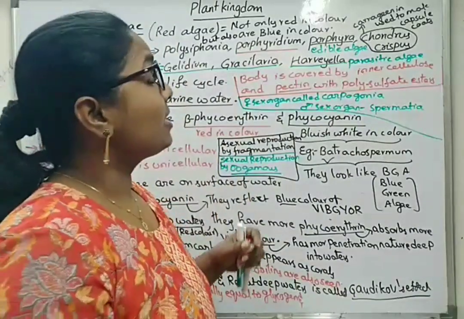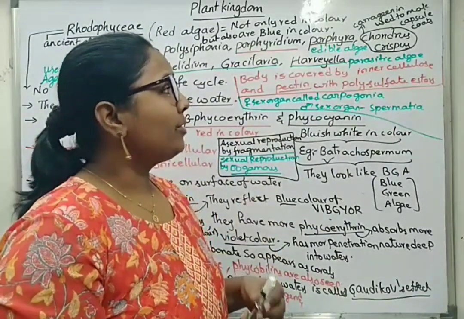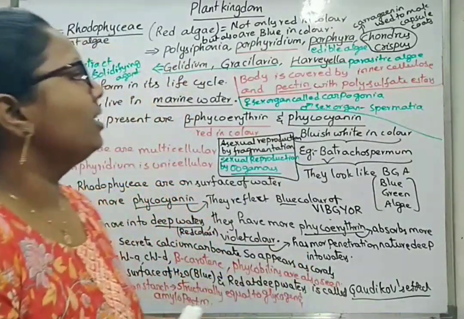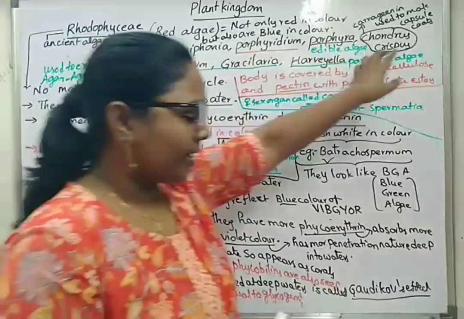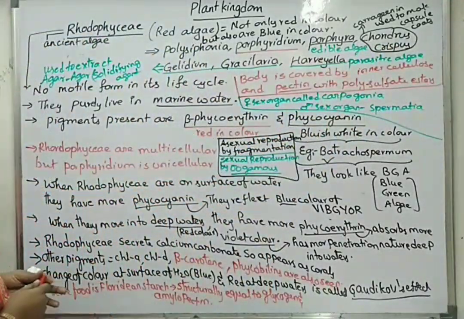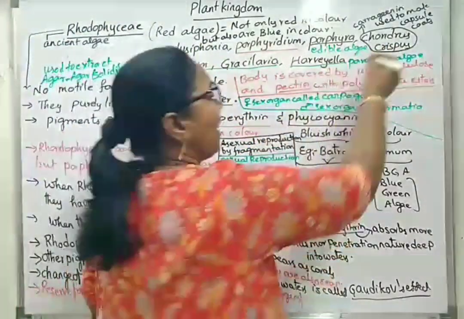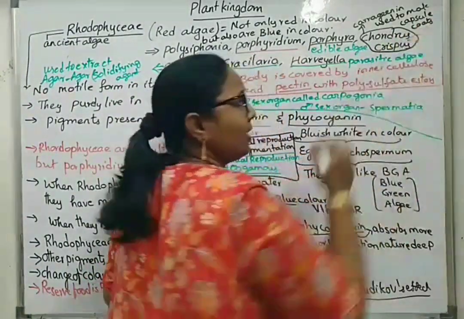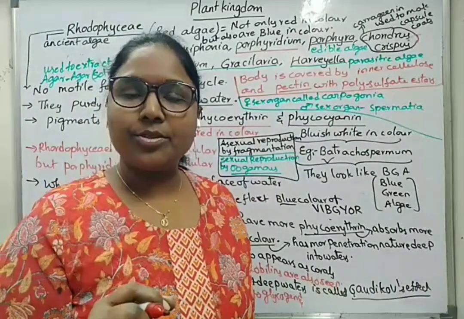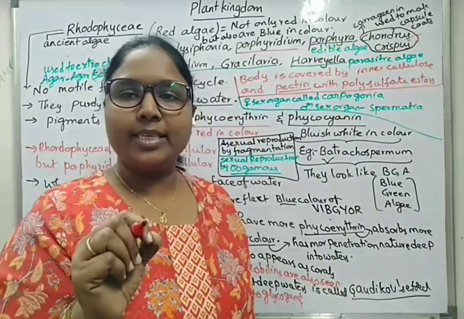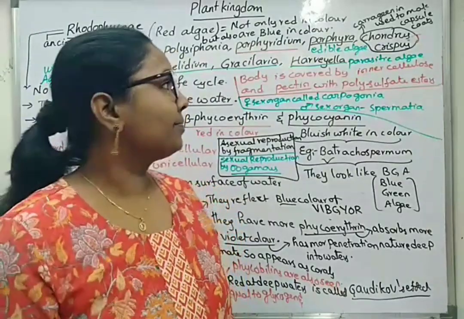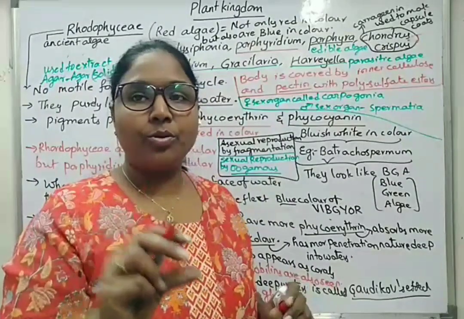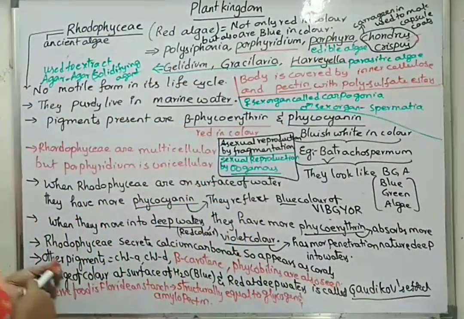Chondrus crispus is also used in manufacturing as a gelatinous substance, just like agar-agar, in ice creams and other food products to make them viscous. We don't have place here, but I am telling you orally. Its other secretion, carrageenan, is used to make capsule coats of medicines.